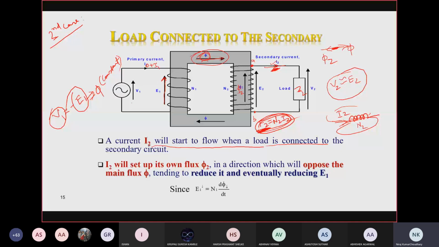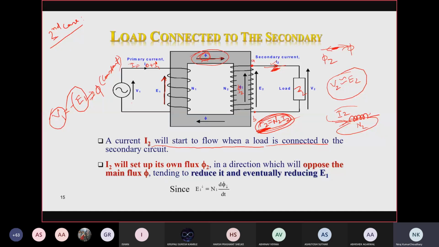So the equivalent of this I0, that is no load current, and the additional current drawn by the source is equal to I1. राइट पहले क्या था, जब नो लोड पे ऑपरेट हो रहा था, then only no load current I0 was flowing. But now due to the presence of the load और कनेक्शन ऑफ लोड, an additional current I1 dash is taken from the source, and the net resultant current is your primary current I1.